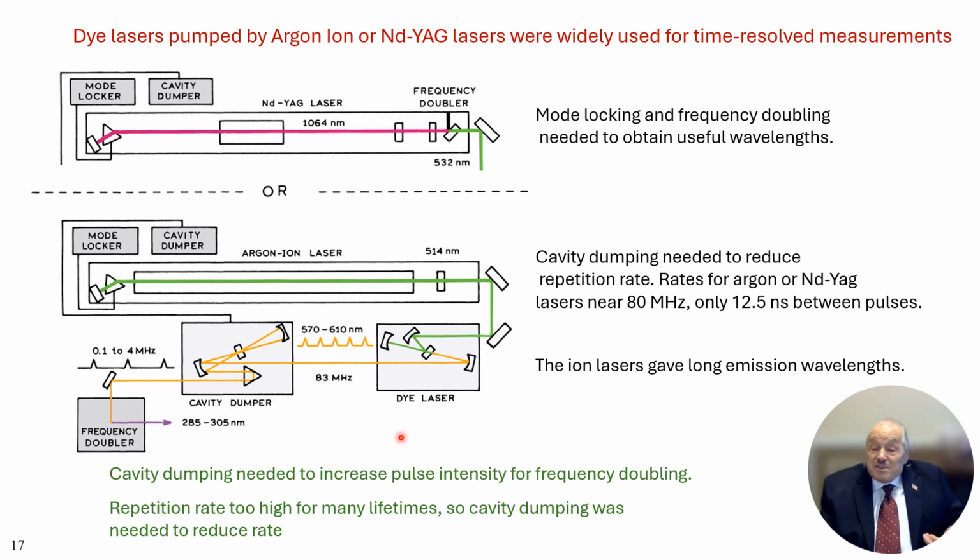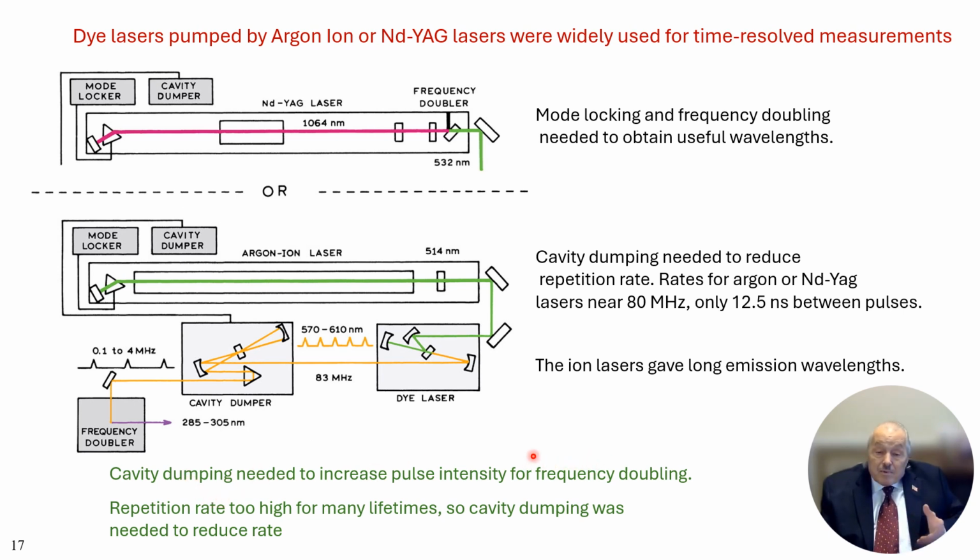And that was too fast for many measurements, because at 80 megahertz, it's about 12 nanoseconds between the pulses, and you need a longer time than that to let the entire intensity decay before the next pulse. So another complication, you would have to use frequency doubling to get a shorter wavelength. And you would also need a cavity dumper to decrease the repetition rate.